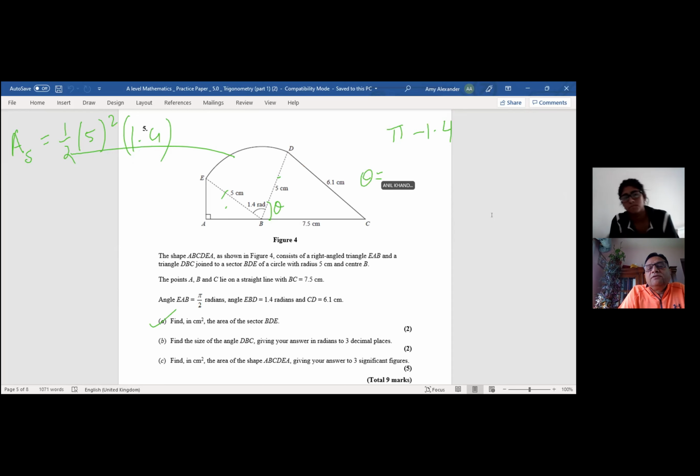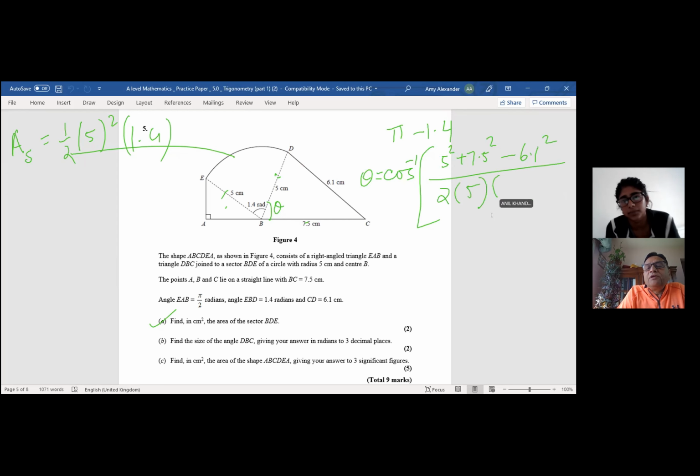We can write cos inverse this time directly: 5 squared plus 7.5 squared minus 6.1 squared, over 2 times 5 times 7.5. Is that clear? So you get this theta. That's correct. Next question.